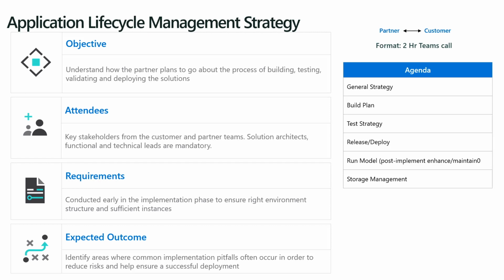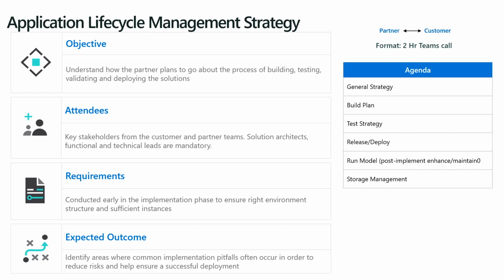The application lifecycle management strategy workshop is to understand how the partner plans to go about the process of building, testing, validating, and deploying the solutions. So it's all about the application lifecycle management and the strategy to build, develop, and deploy the different solutions, or updates to that solution, or extensions to the original solution, and all the release details, testing plans, automations for deploying, automations for testing.